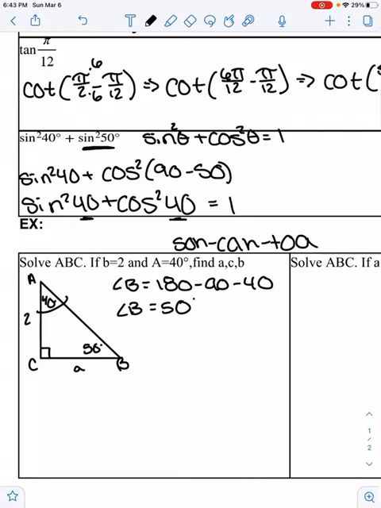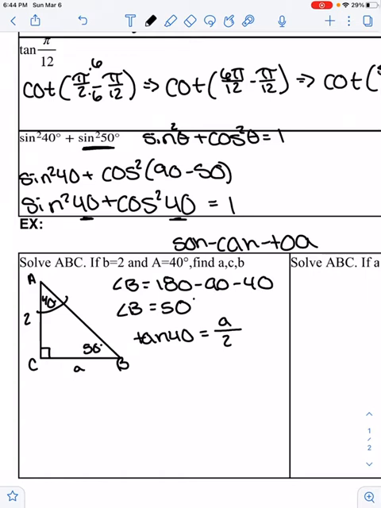So looking at the 40 degree, our A is the opposite and 2 is the adjacent. So looking at SOHCAHTOA, tan uses opposite and adjacent. So we're going to say tan 40, because the angle measure always goes next to the trig function, equals opposite over adjacent. And now we have to solve for A.